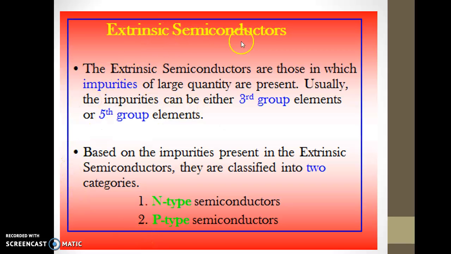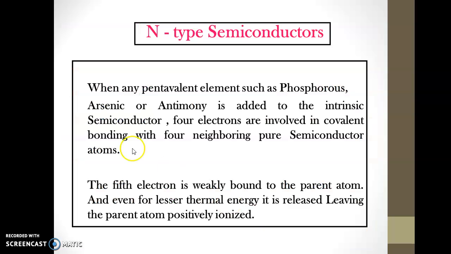Then extrinsic semiconductors are those in which impurities are present in large quantities. Usually we dope with either the third group or the fifth group. Based on the impurities present, they are classified into N-type semiconductors and P-type semiconductors.